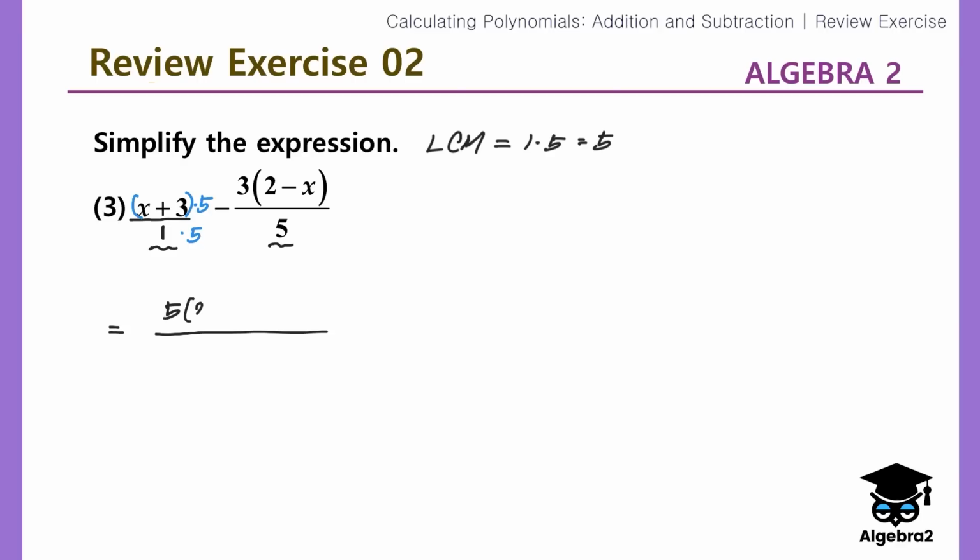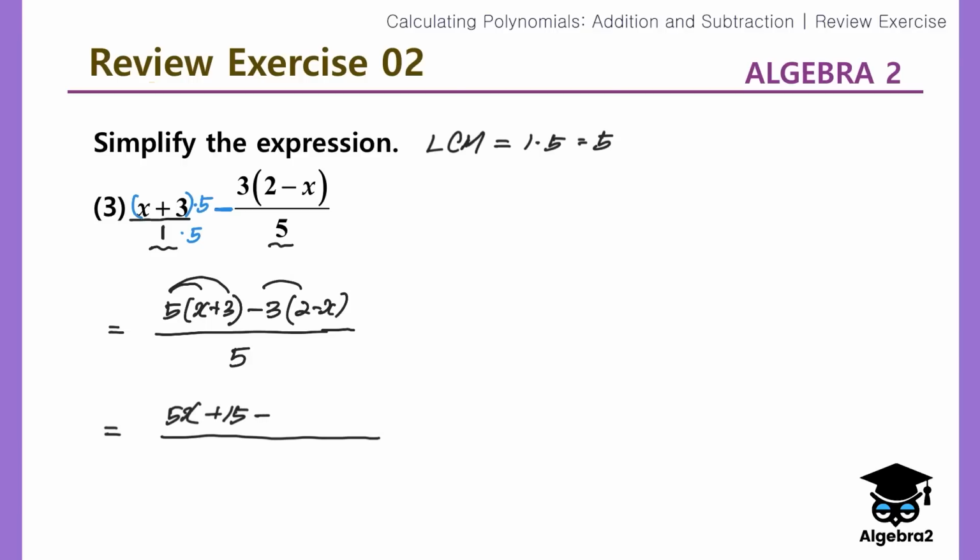5 times (x plus 3). And we have negative here, negative 3 times (2 minus x) over 5. So that is equal to, let's simplify the numerator, 5x, 5 times 3, 15, minus 3 times 2, minus 6, minus 3 times minus x, plus 3x over 5.